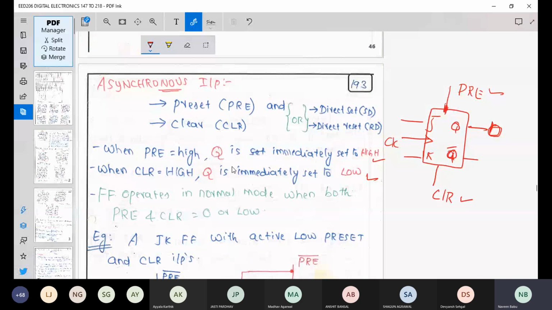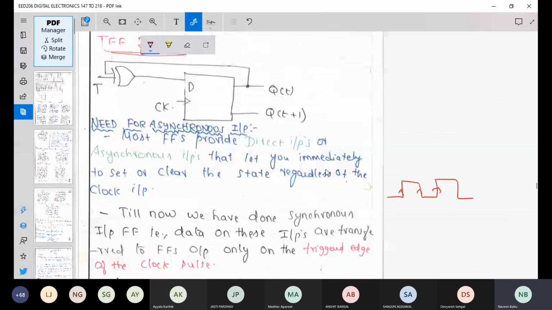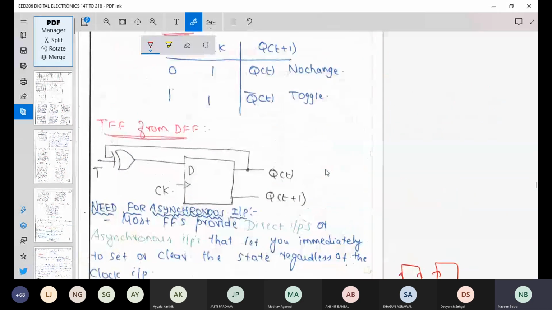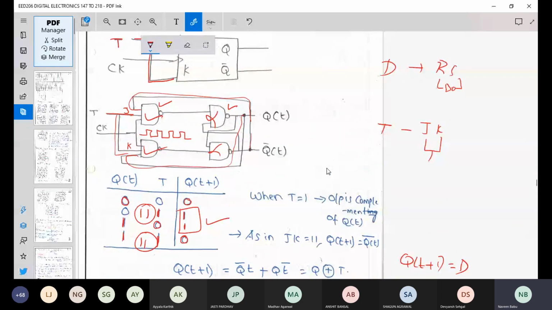So this gives us a much better control instead of this feedback thing, which directly affects these two gates. Now, if you have one more control from outside, which is a preset and a clear, then we will have better control.